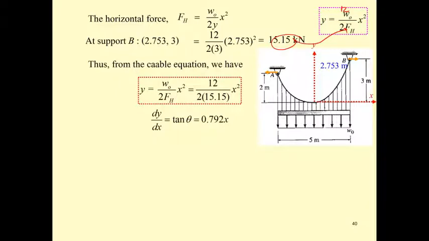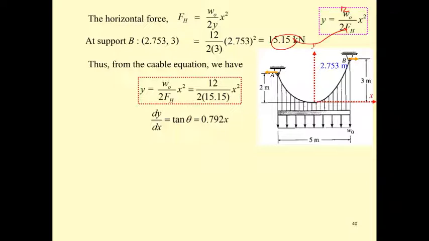And also if you like, you may put this one for 12, this is going to be 6 divided by 15.15. It is going to be 0.39.